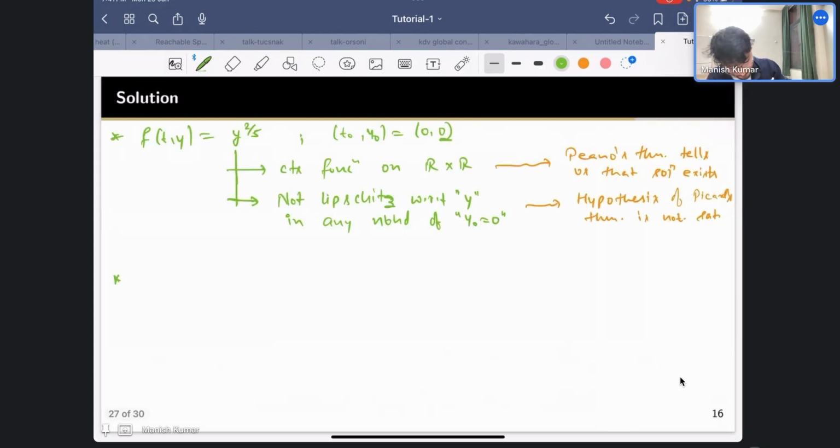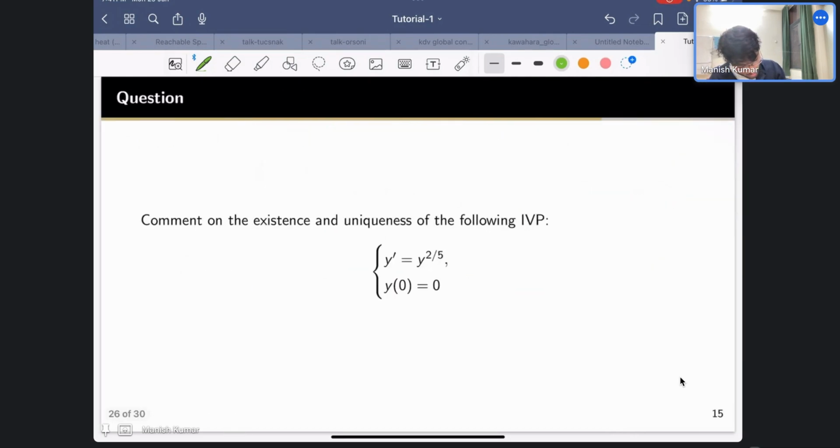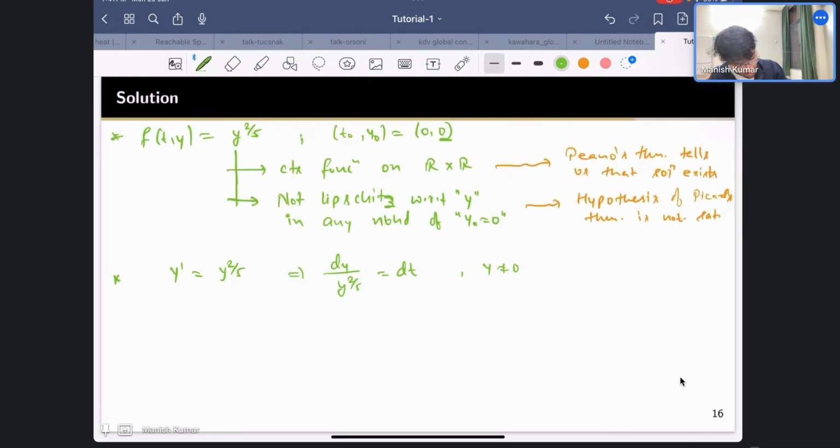So y prime is this f, which is y raised to 2 by 5. Again I'll use the same thing, dy over y raised to the power 2 by 5 equals dt, where y is not equal to 0. One thing let me tell you: for this IVP, y identically equal to 0 is a solution, right?